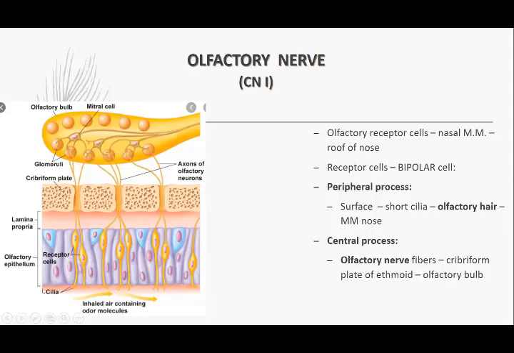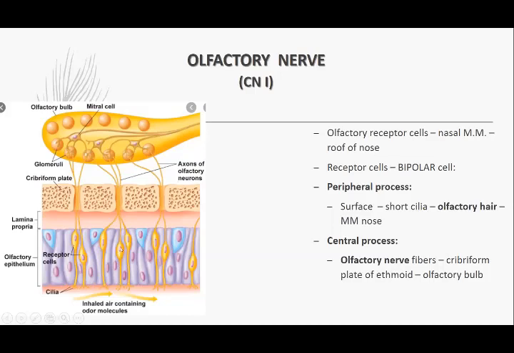In this layer of secretions lining the mucous membrane, the pink color that you see, here the dendrites divide into multiple branches. These multiple branches behave as short cilia, and they are called olfactory hair.